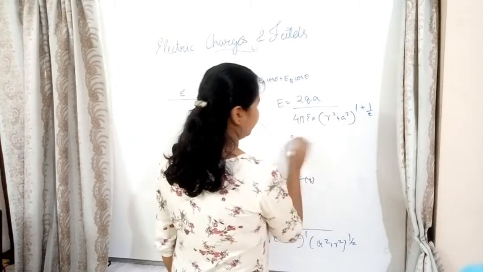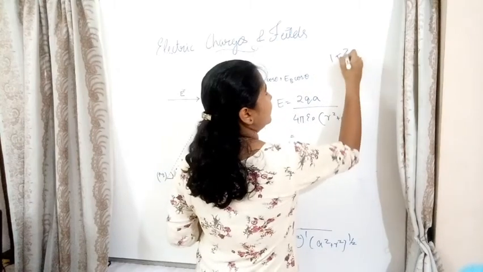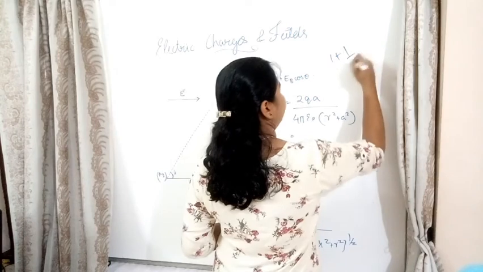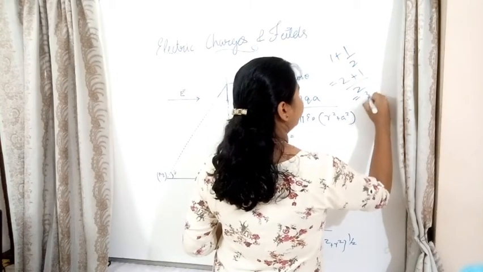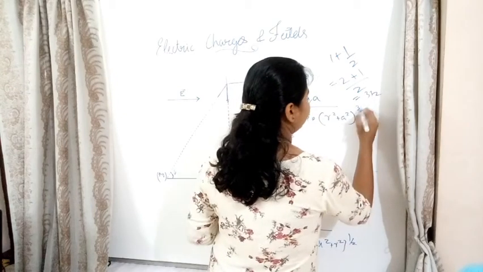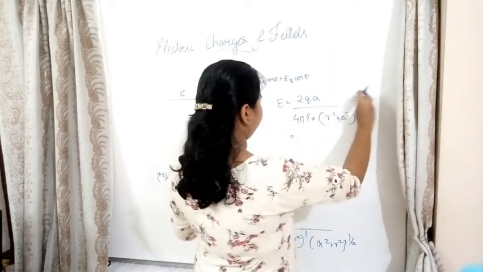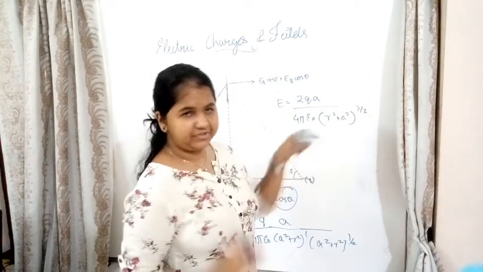We will simplify: 1 plus 1 by 2 is equal to 2 plus 1 divided by 2, that is equal to 3 by 2. So the value 3 by 2 is substituted. So this is our equation that we got right now.